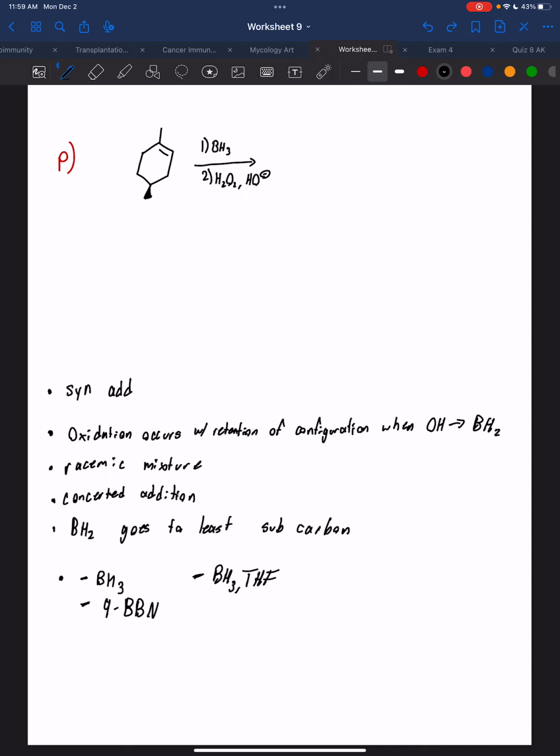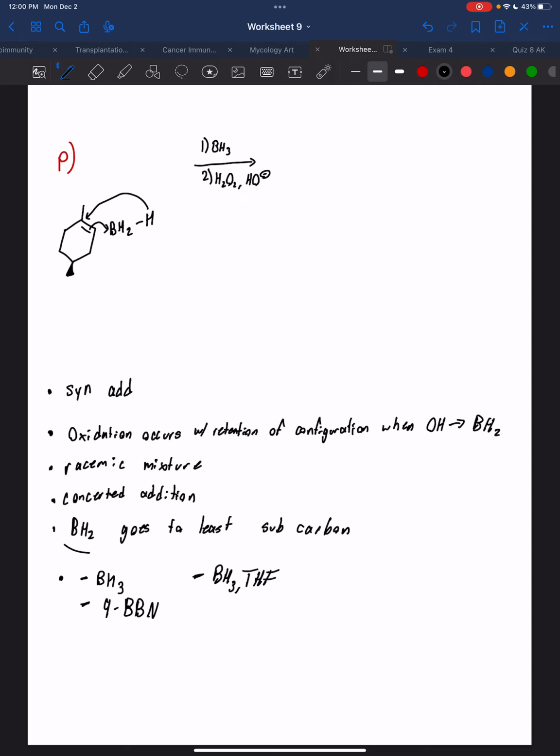Next thing we'll do is start with the reaction mechanism. So I have this BH2 and I write BH, and the reason I write that is because your double bond is going to be attacking BH, but your hydrogen is going to be attacking the carbon on the other side.